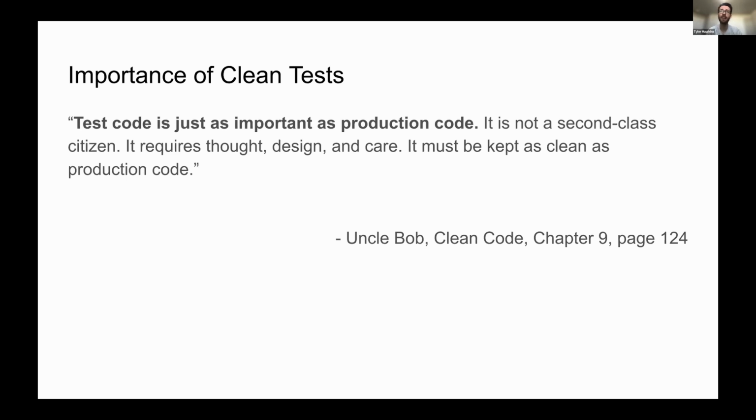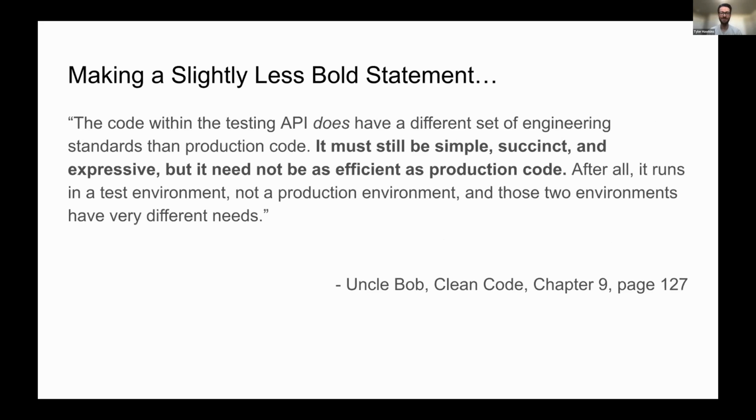Hopefully we spend time refactoring our code and making it easy to understand, easy to work with. But sometimes we don't give that same amount of thought to test code. We let our test code get a little bit dirtier. And Uncle Bob here is reminding us it's not a second-class citizen. It's just as important.